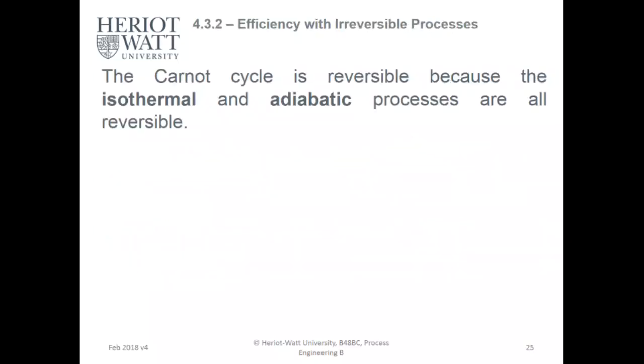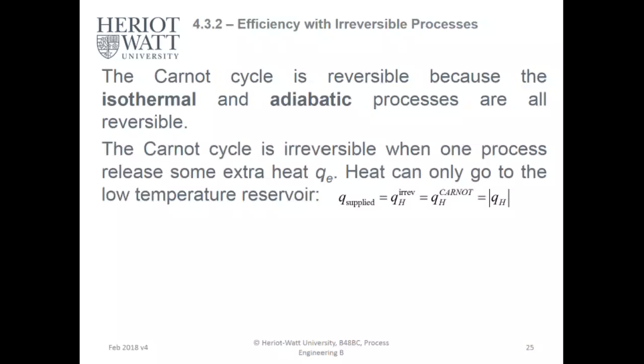The Carnot cycle is reversible because the isothermal and adiabatic processes are reversible. It's a cycle, so you always have a reversible system. If it's not reversible, it's going to be finite, so you're not going to convert everything into work. The cycle is irreversible when one process releases some extra heat, so some of the heat is lost.